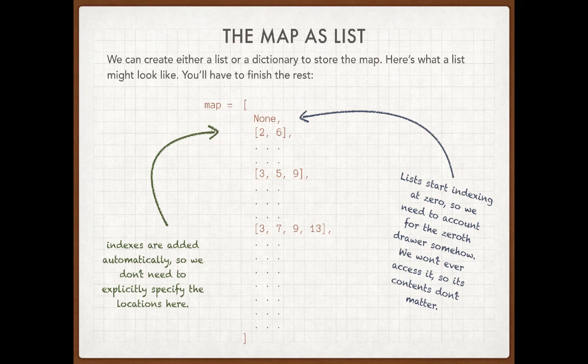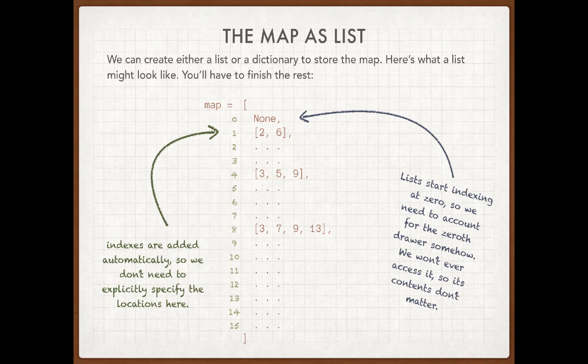Whatever I put in there is going to be irrelevant because I'm never going to access it. But you'll notice that these are actually now numbered, or they will be numbered automatically by Python in exactly the same way that they were for the dictionary. So drawer 1 will still contain 2 and 6, drawer 4 still contains 3, 5, 9, drawer 8, etc.